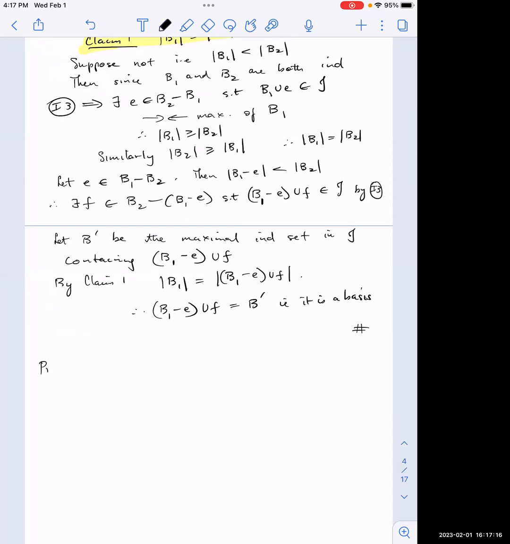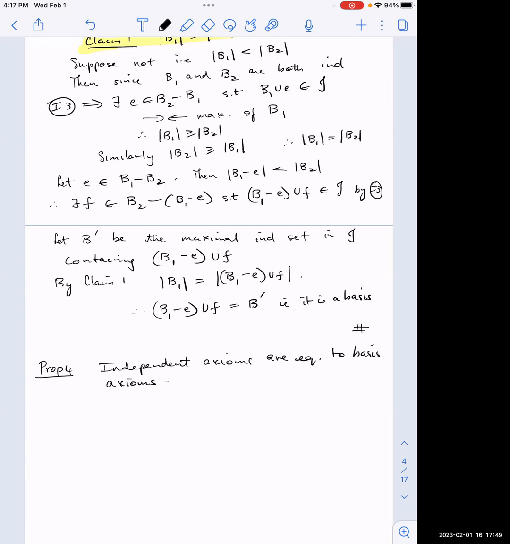Okay, so then proposition 4 would be the independence axioms are equivalent to the basis axioms. This one I won't do. One direction was the previous proposition. The other direction is the harder one, and it just takes a long time to do.